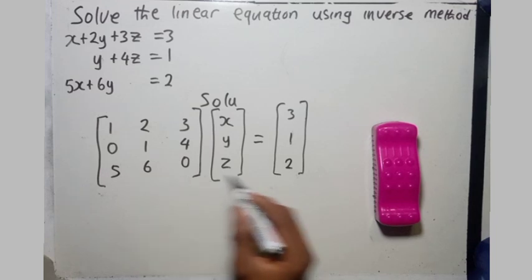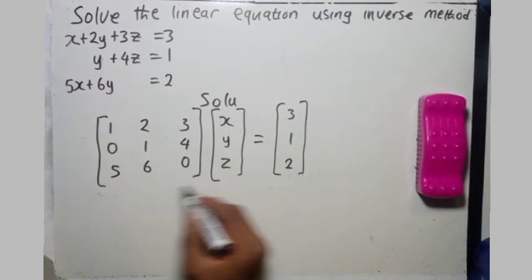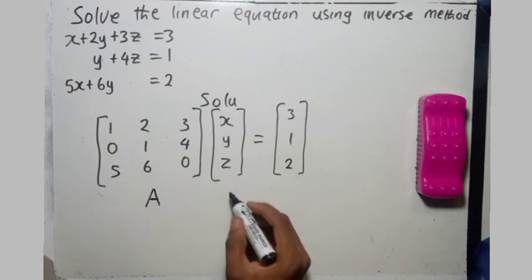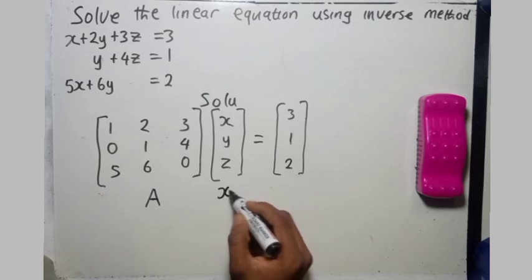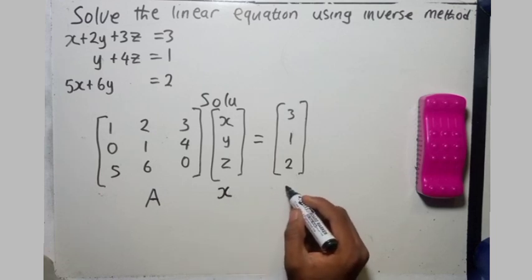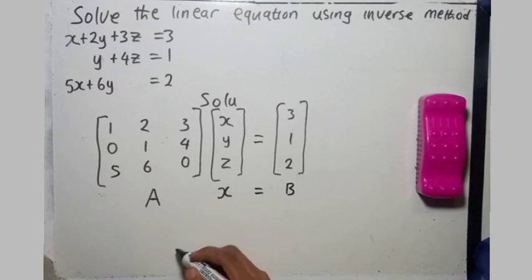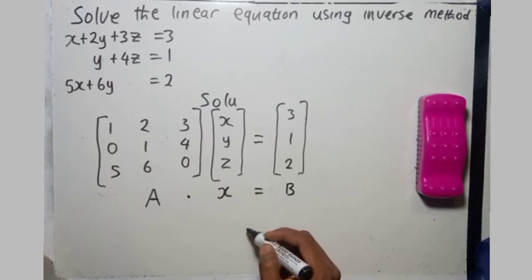So a normal algebraic equation can represent this as AX = B: A is the constant, your coefficient, X represents your variables, and B represents your constants. So you have this times this to give us this.